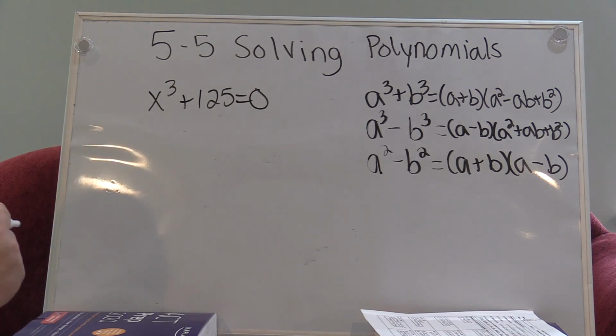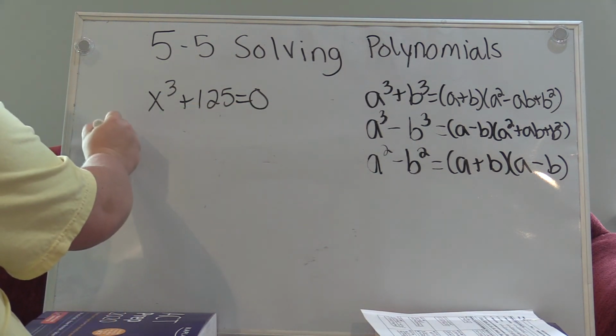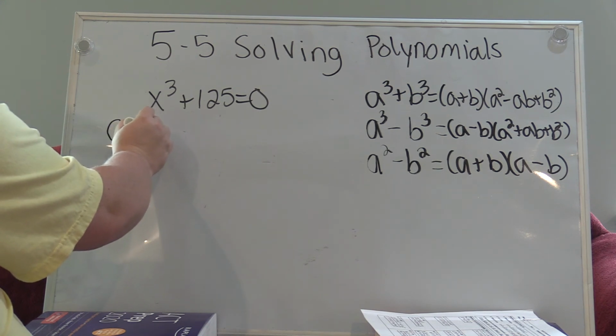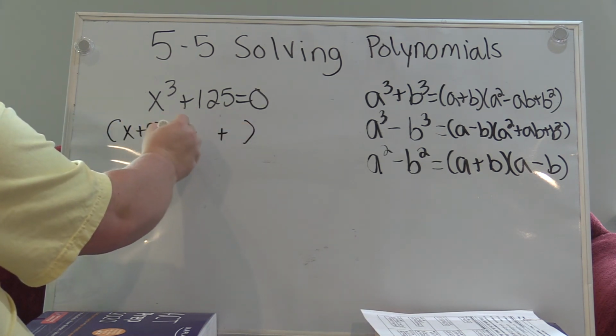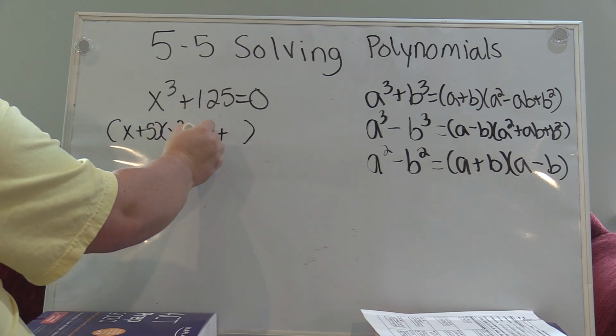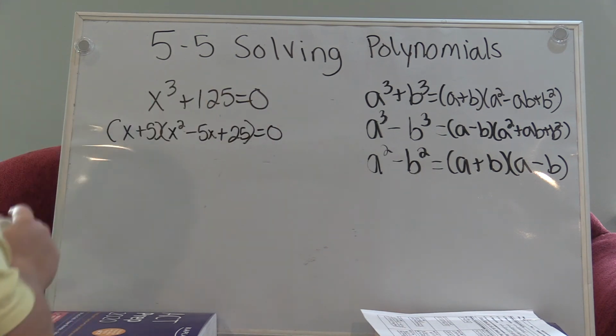So I have x cubed plus 125 equals 0. And this is the difference of cubes. So I have x plus 5, same sign. Different sign, always positive. X squared minus 5x plus 25 equals 0.